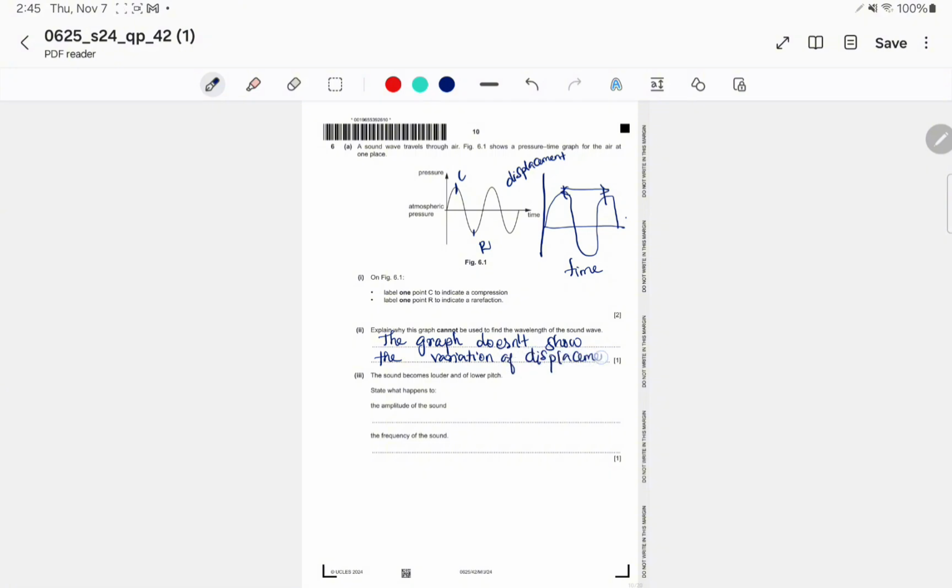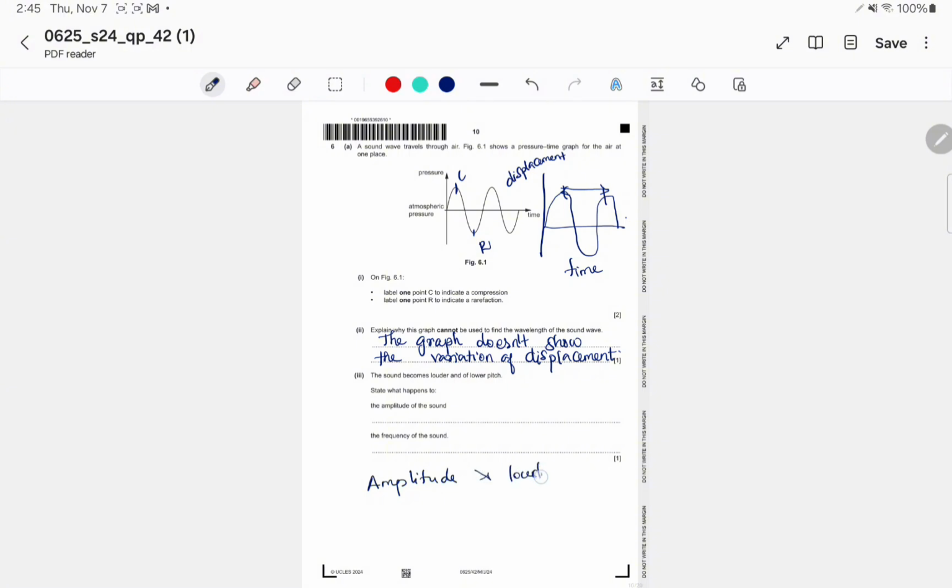Next question. The sound becomes louder and lower pitch. State what happens to the amplitude. So what will happen to the amplitude if the sound becomes louder? Amplitude and loudness are directly connected.